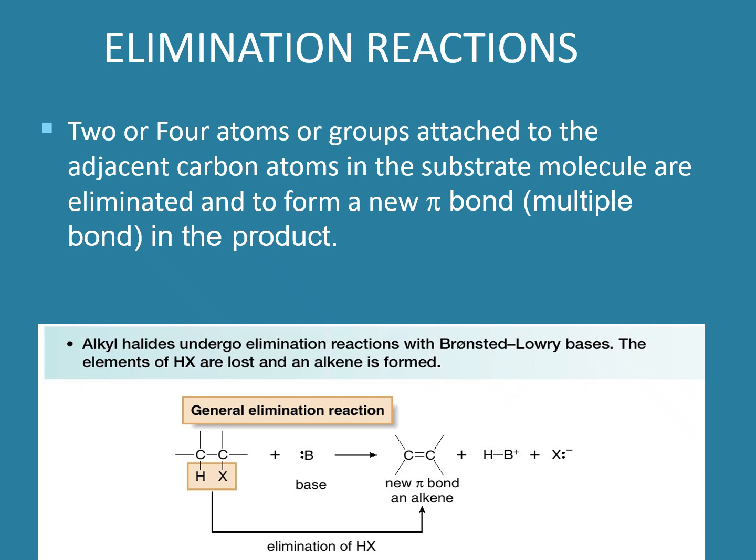Elimination reactions are those reactions in which atoms or groups of atoms are removed from two adjacent atoms, usually two adjacent carbon atoms, in the substrate molecule to form a multiple bond.